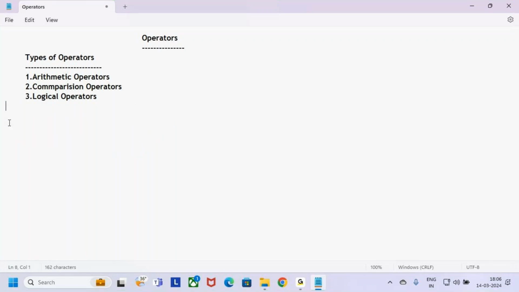For now, let me discuss these three types of operators one by one. The first one we're going to discuss is arithmetic operators. What is meant by arithmetic operators?